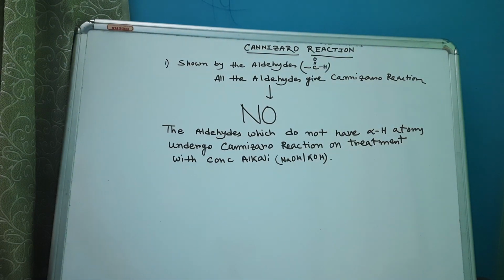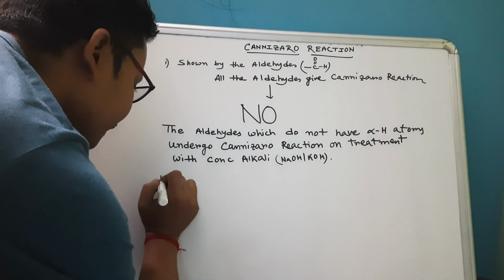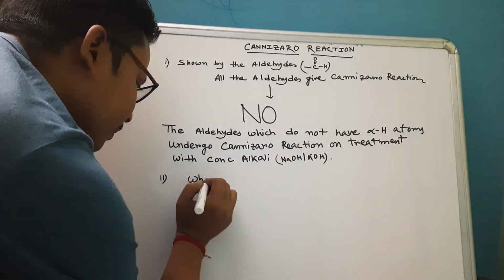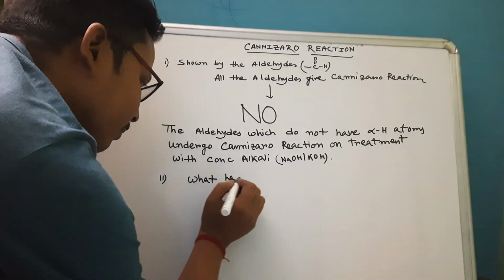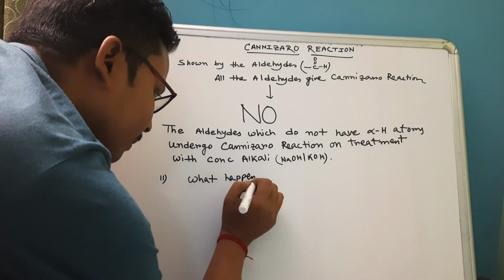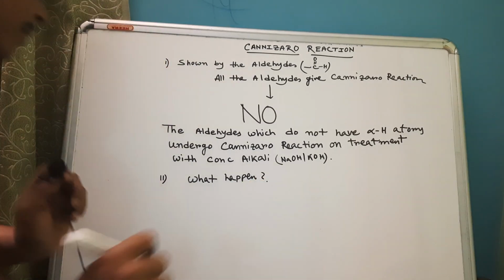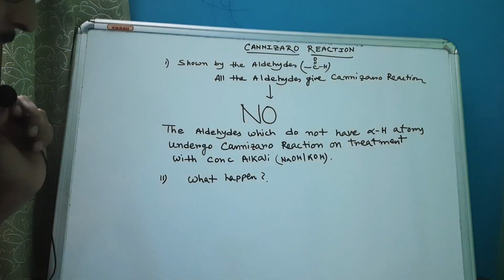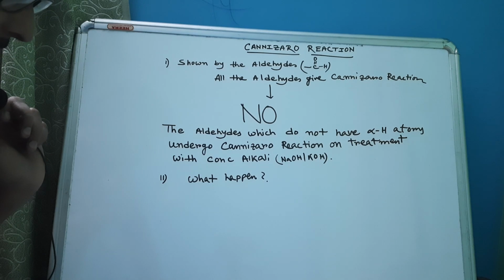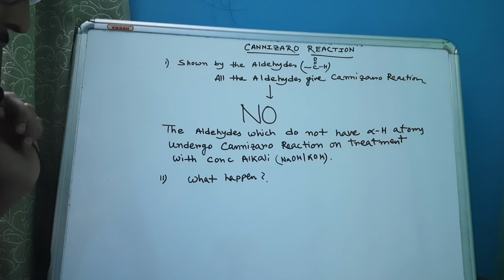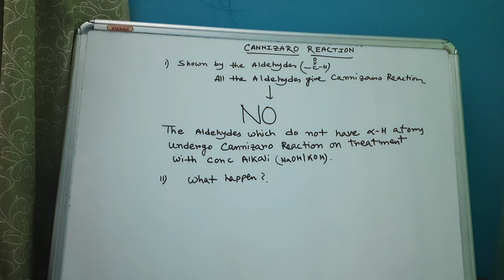So what happens in the Cannizzaro reaction? Basically, in the Cannizzaro reaction, two molecules of aldehydes, both of them devoid of any alpha hydrogen atom, come together in the presence of concentrated alkali.